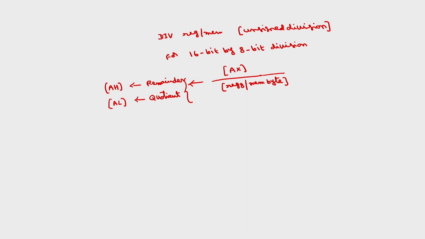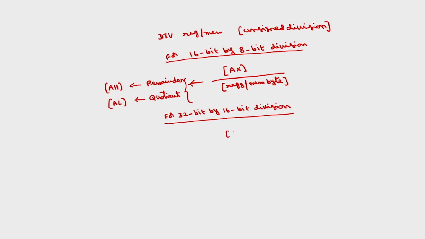Similarly, for 32 bit by 16 bit division, the dividend will be a 32 bit register, which is a combination of two 16 bit registers DX and AX. This is by default.